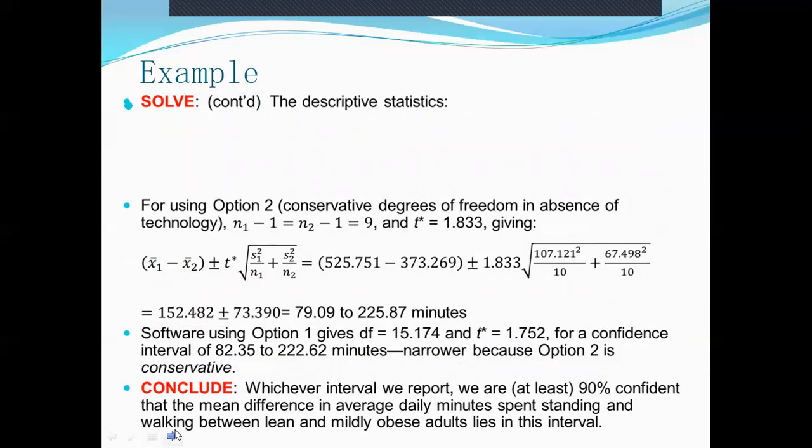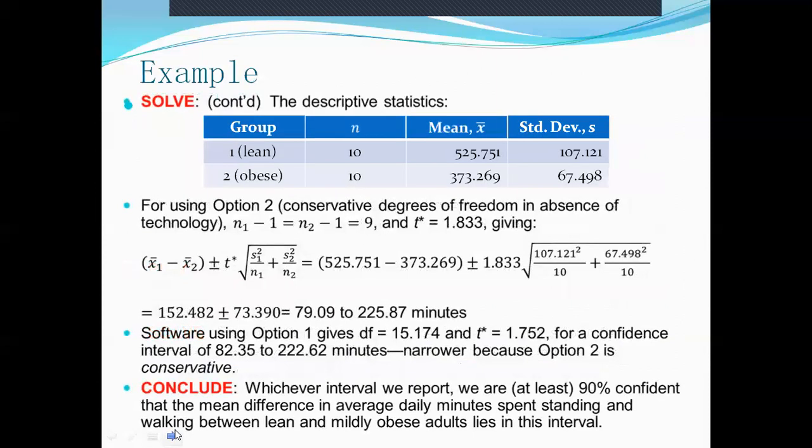To solve it, the descriptive statistics yielded that group 1 was the lean group and group 2 was the obese group. There were 10 people in each group. The mean for the lean group was 525.751, and the mean for the obese group was 373.269.